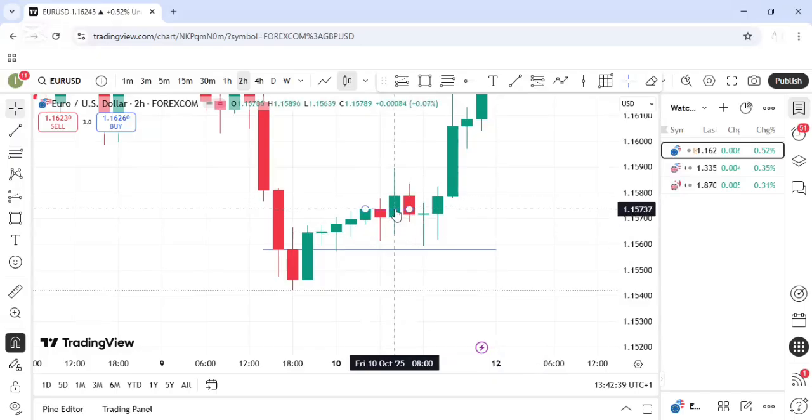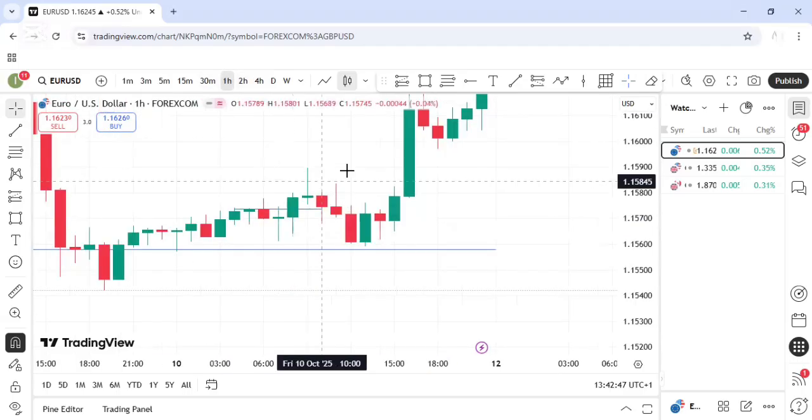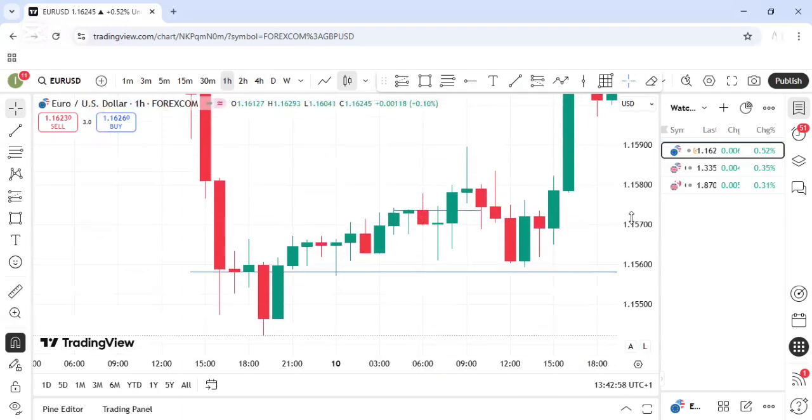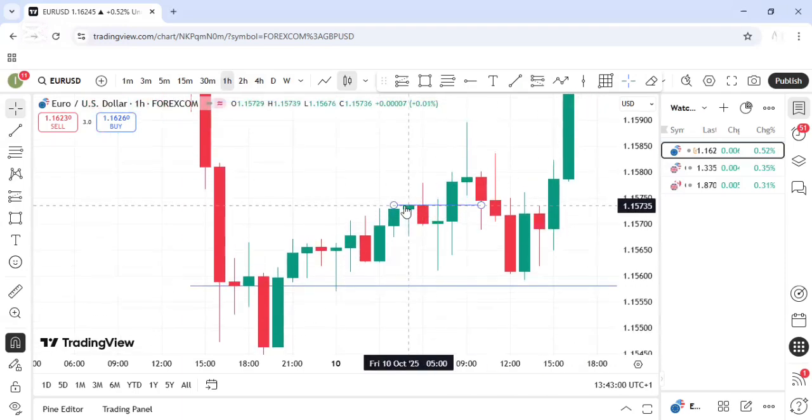Remember this is 6, so we still have to look at what happened by 6 on the 1-hour time frame. By the way, you never go into the 30 minutes, 15 minutes, or the 5 minutes. So this is the 1-hour time frame, and the 6 a.m. candle is a bearish candle, which is almost the same thing that happened on the 2-hour time frame. So we have this area as our structural break.